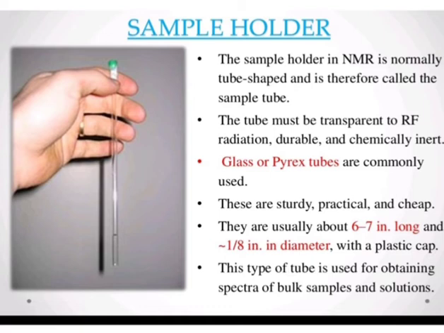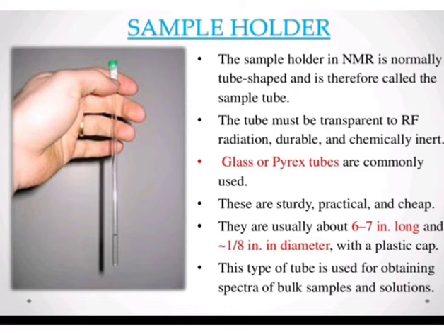This is a transparent material, and this is for the radio frequency light absorption. This tube is durable and chemically inert. Means this does not react with the sample, and is made up of glass or Pyrex material.